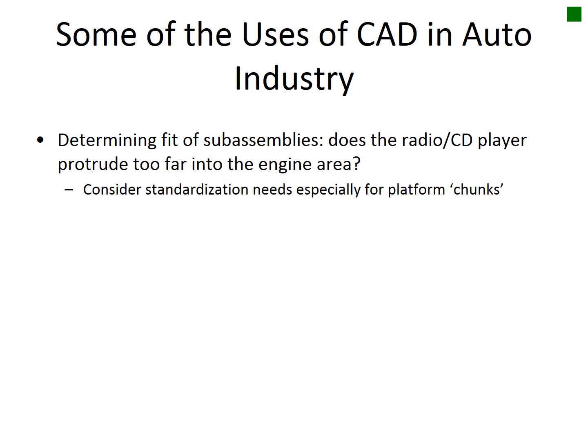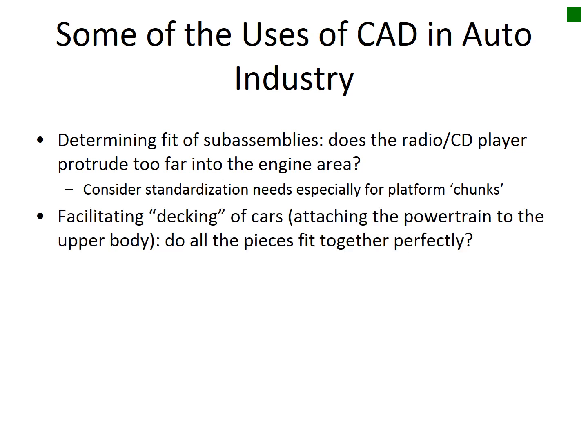So if I have a platform and I've got a particular chunk or a module in it that I want to upgrade or change, I need to make sure that whatever I do will still fit in the space that is provided in the product. Again, we can work this all out from a computer perspective, and then we can maybe do some 3D printing, print up some prototypes, and then check to make sure things fit properly.